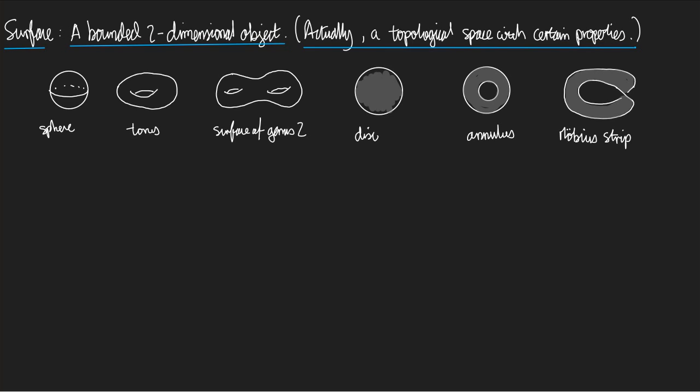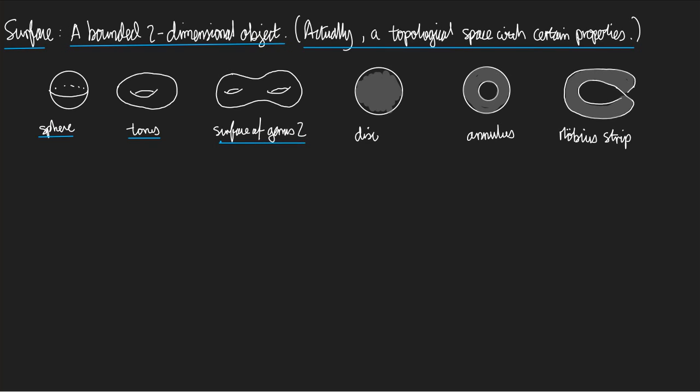Okay, so here are some examples of surfaces. On the far left, we have the sphere. This is the surface of a ball. Next, we have the torus. This is the surface of a donut, so it's like an inner tube, if you like. And then here we've got a surface of genus 2.